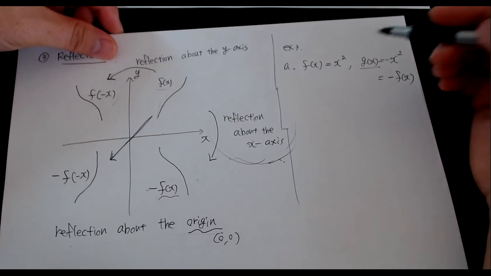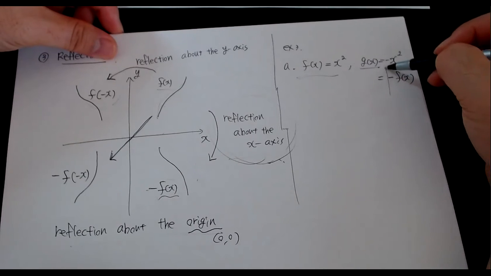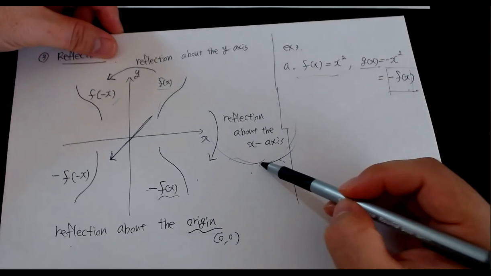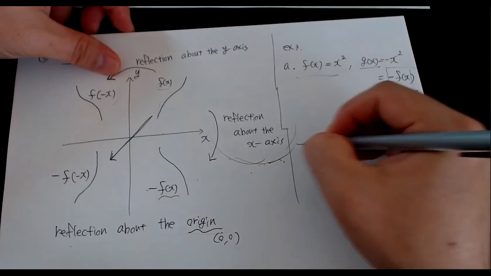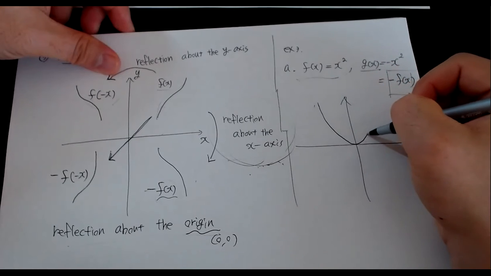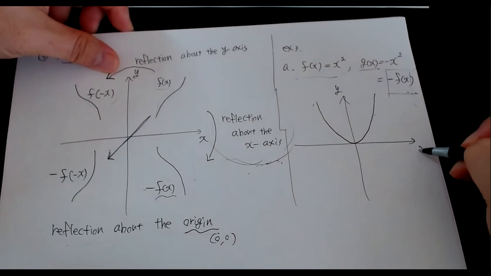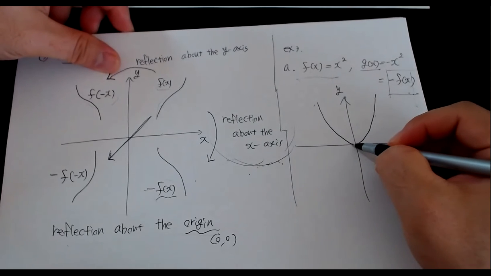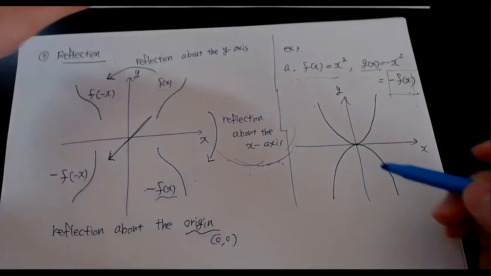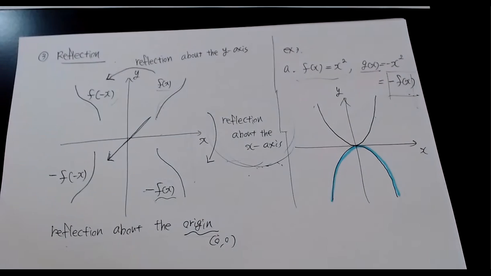We know the graph of f of x, and we want to plot the graph of negative f of x, which is a reflection about the x-axis. So the graph of f of x is this, and reflecting the parabola about the x-axis, we got this. That's a reflection about the x-axis, right?